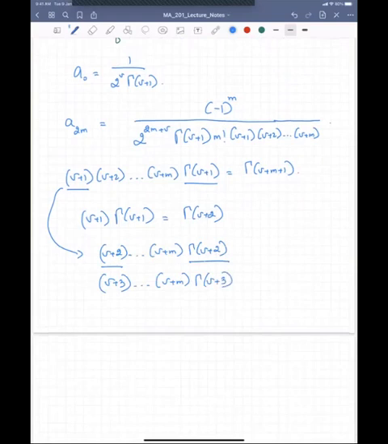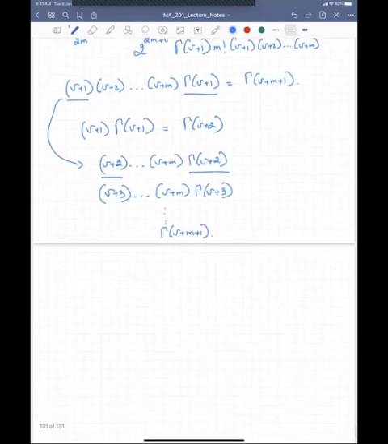And you keep going this way, and finally you will simply end up with gamma of nu plus m plus 1. Okay. So just like the factorial business helped you to collapse this product of n's, the gamma function helps you to collapse this product of nu's very effectively.